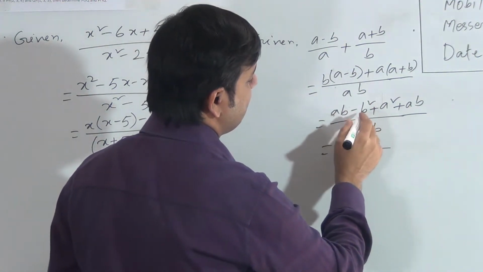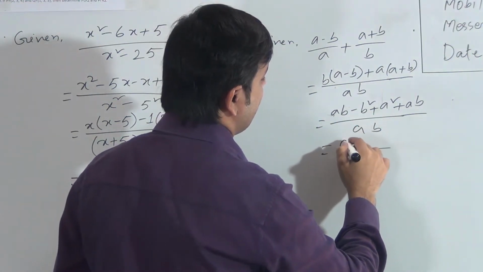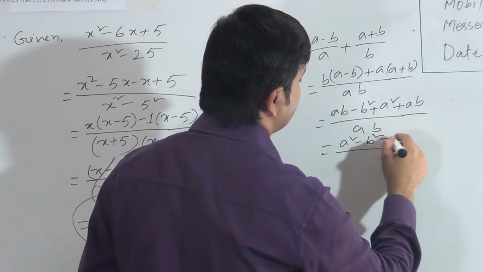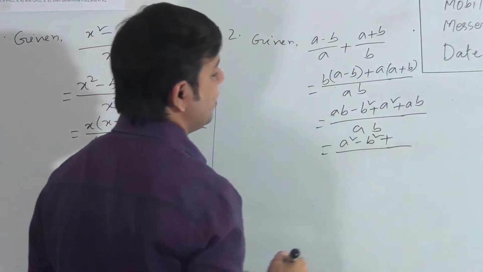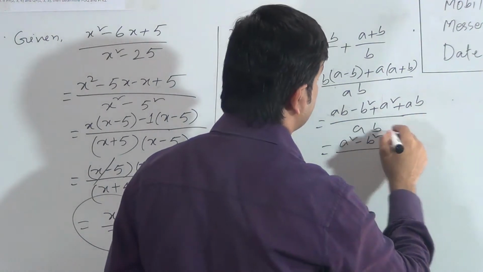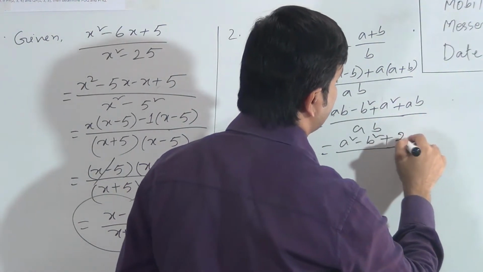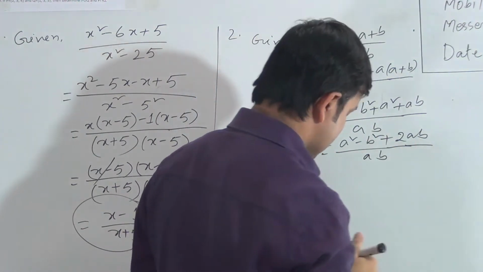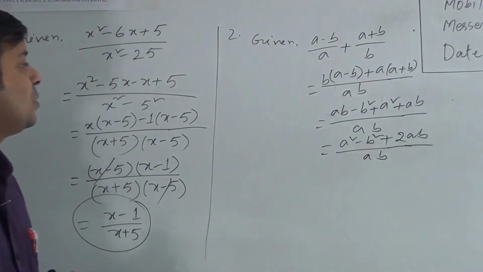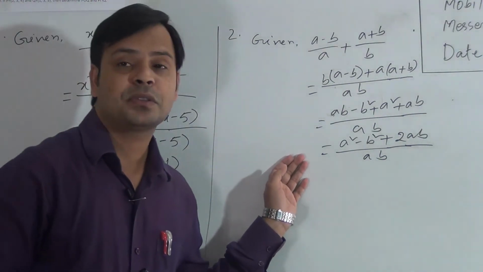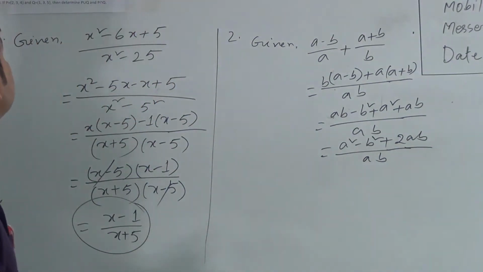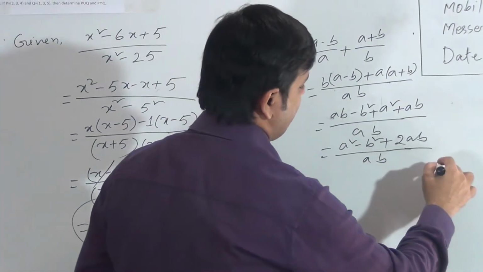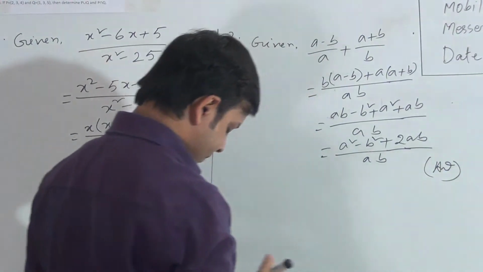At first see, here is a square minus b square, and here is 2ab. ab and ab will be 2ab. So we can write here over ab. So this is our answer for question 2 if we do the sum.